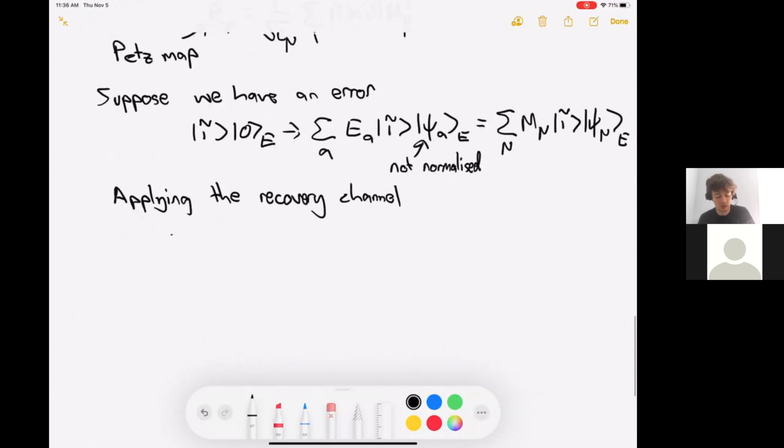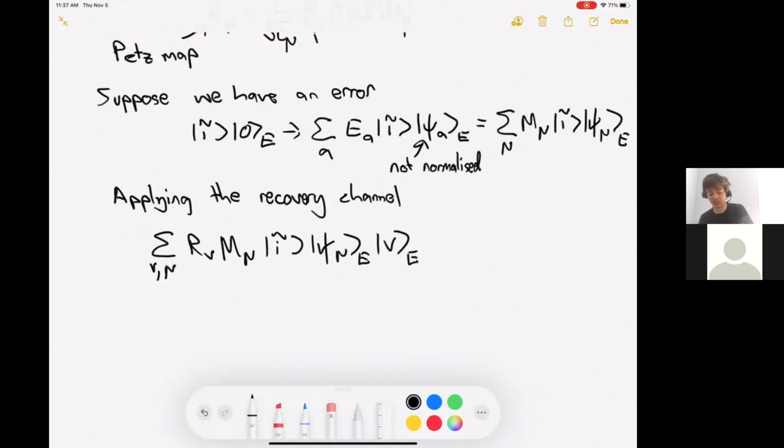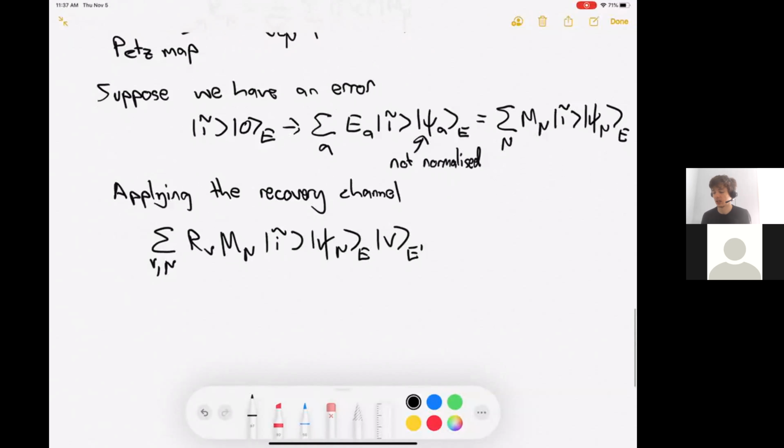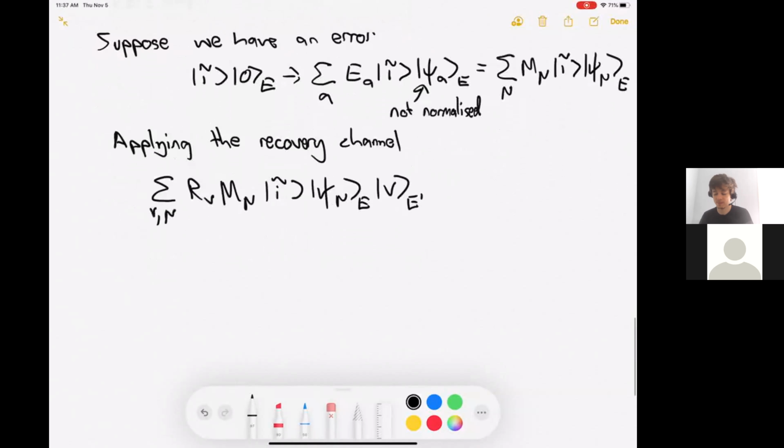What does that give us? Well, we started with a sum over mu, M mu. We now have a sum over nu, R nu, M mu, I tilde, state psi mu, the environment, times some orthonormal basis for this extra environment, E prime, state mu. Okay.